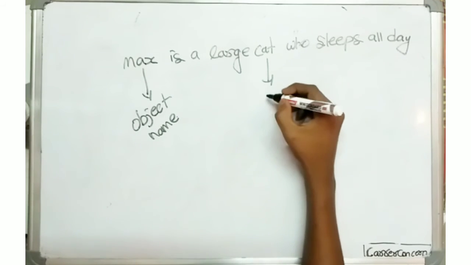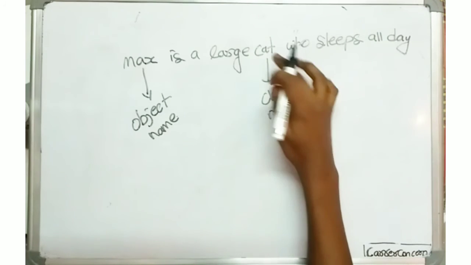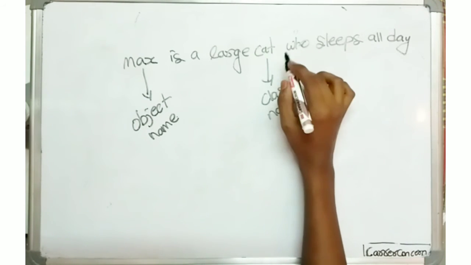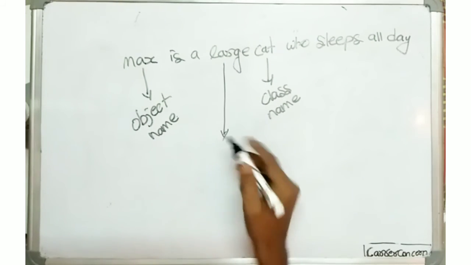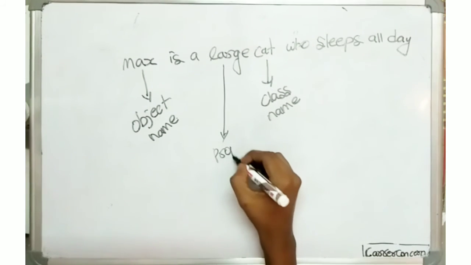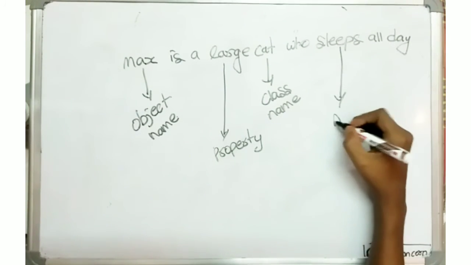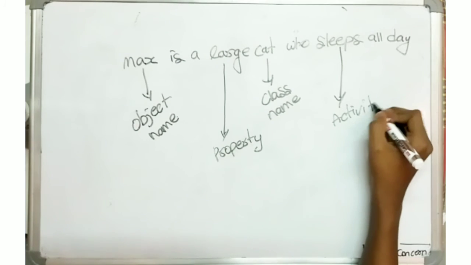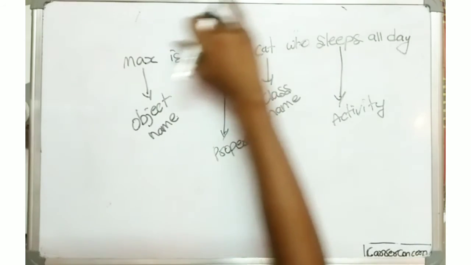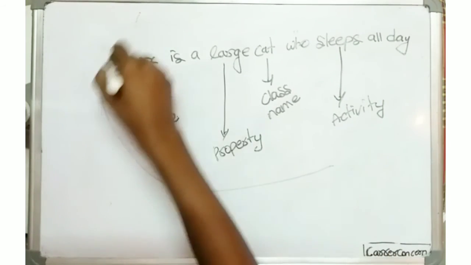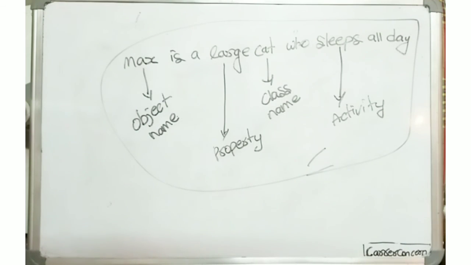Cat is a class name because it gives a logical view of all cats. Large is a property, like small or large. What it performs is sleeping. This is for our understanding only.